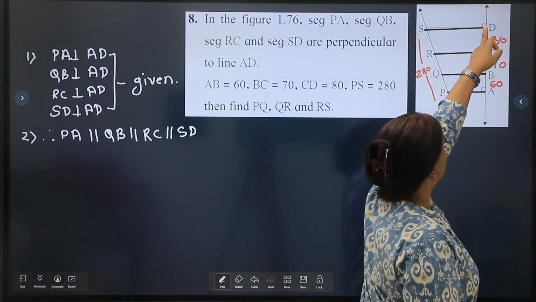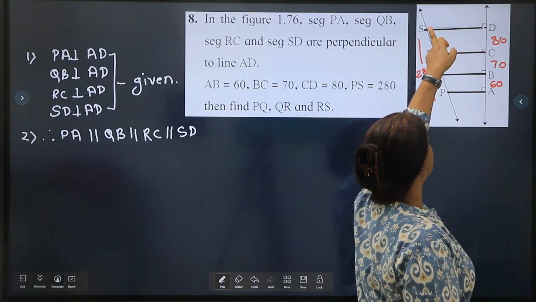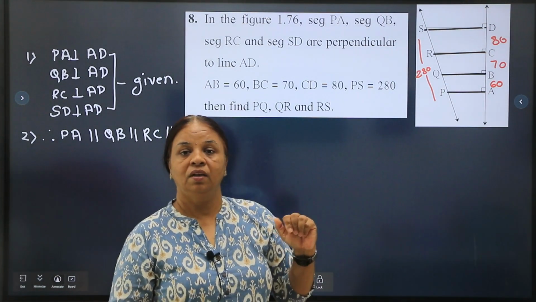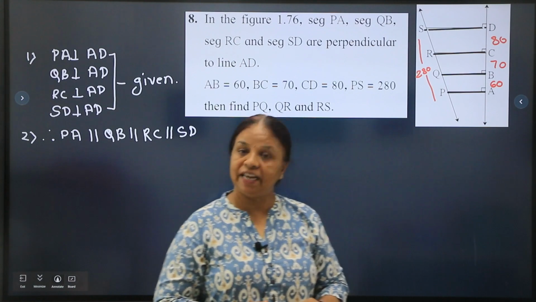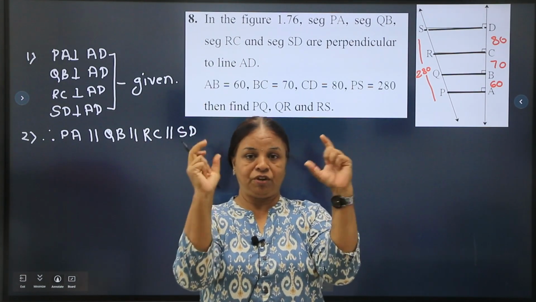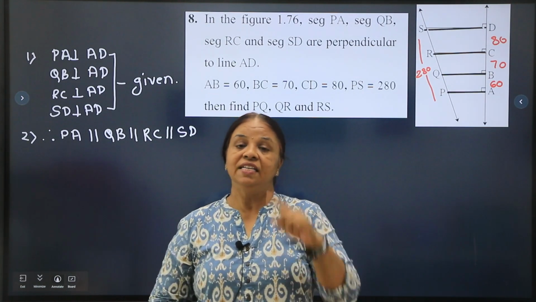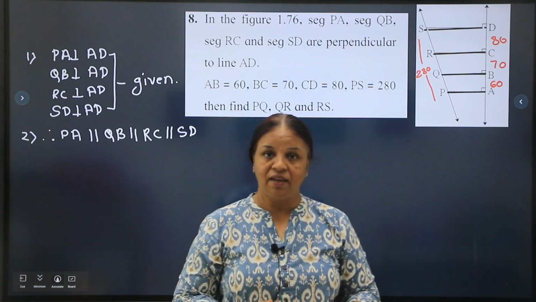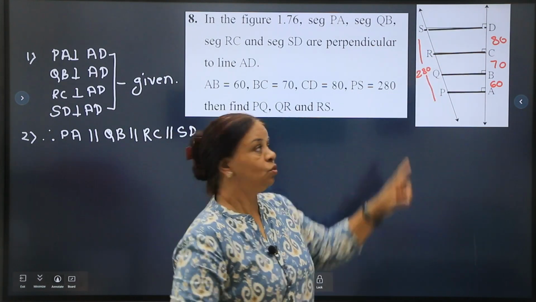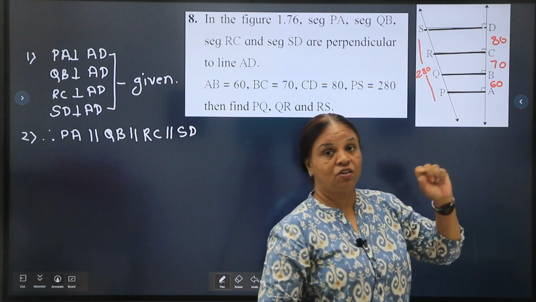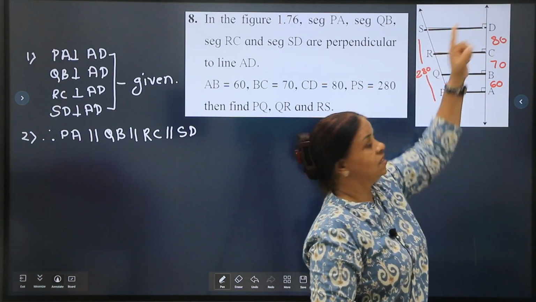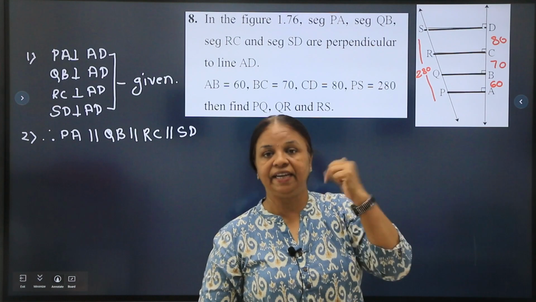So if this is 90 degrees, this angle will also be 90 degrees. So 90 plus 90 is 180 degrees. When two lines have a transversal and the interior angles sum up to 180, that means the lines will be parallel.